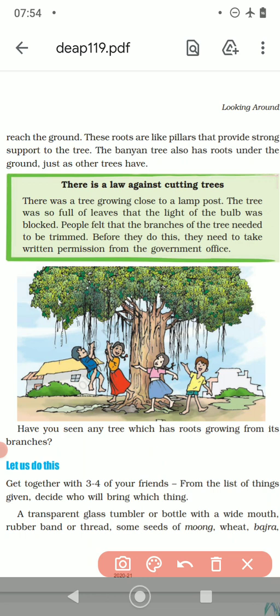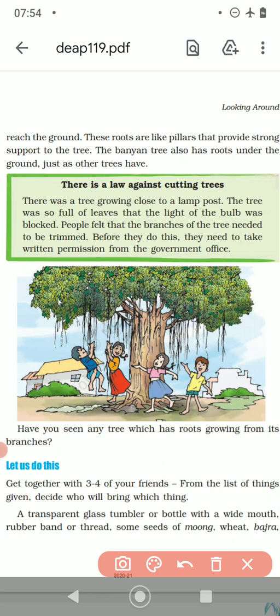They didn't think about cutting the tree, they just thought of trimming the branches. Before they do this, they need to take written permission from the government office. Even if you are not cutting the tree, if you are just trimming, you have to take permission from the government office. You can't cut any tree whenever you want. You have to take the permission.